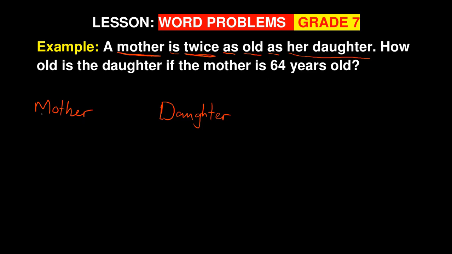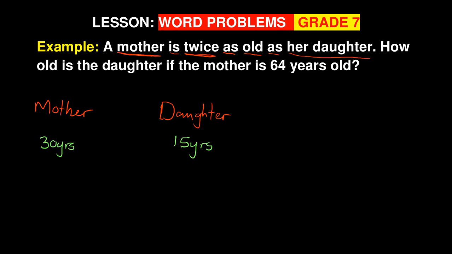So which means, let us make an example. If the mother is 30 years, how old do you think is the daughter? So if the mother is 30 years, remember the mother is twice as old as the daughter. So you expect the daughter to be half the age of the mother. So the daughter will be 15 years. Why? Because the mother is 2 times as old as the daughter.